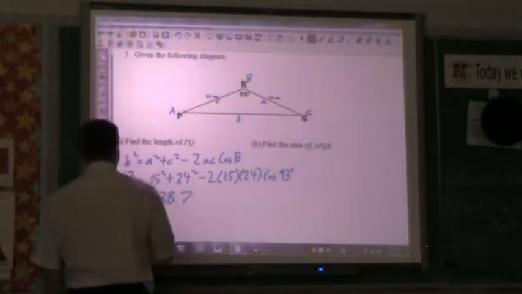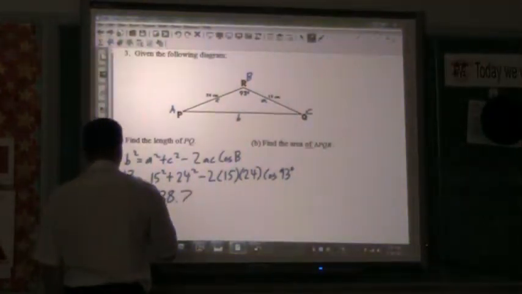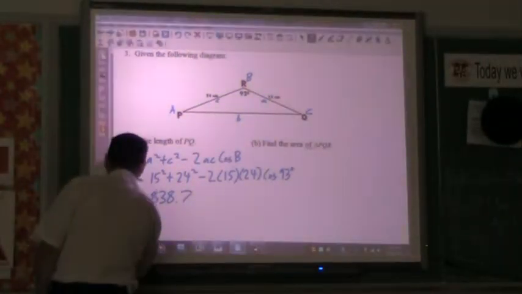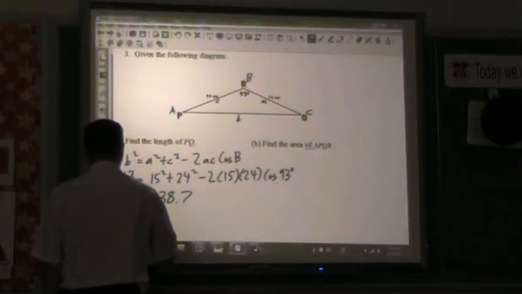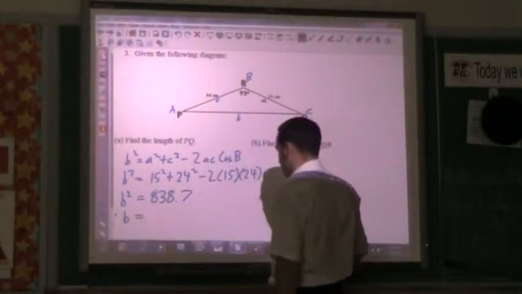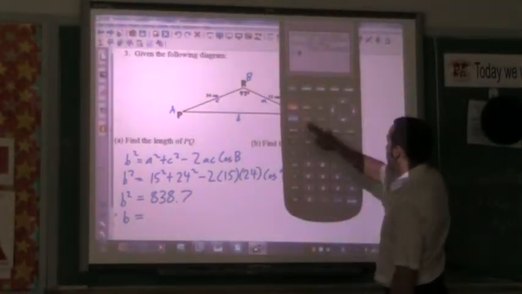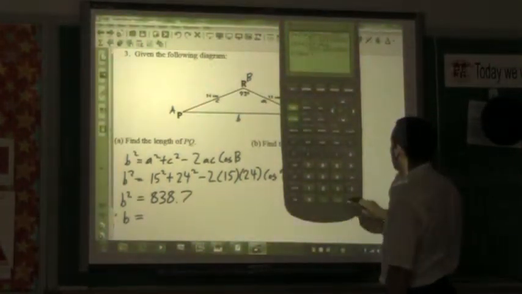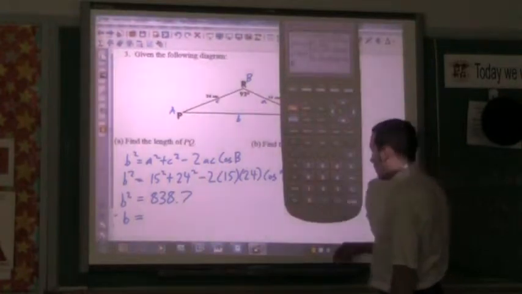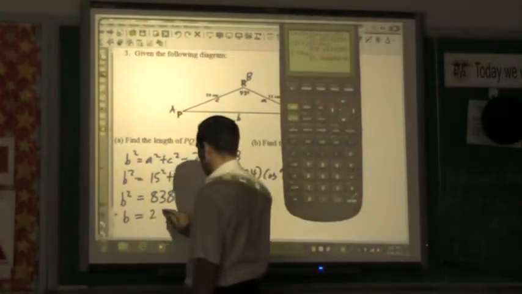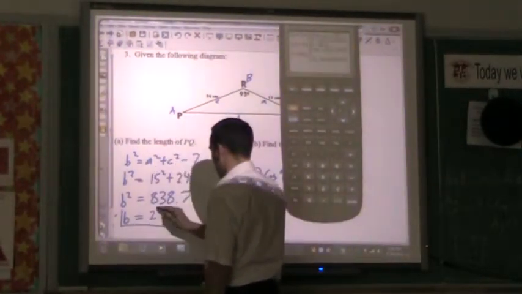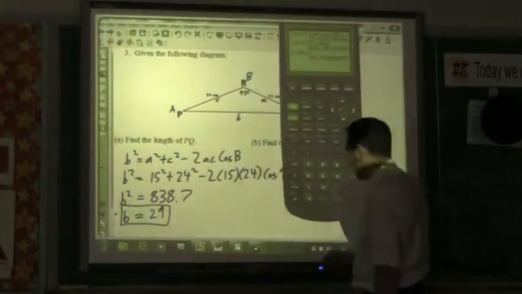So I don't want what B squared is, I want what just B is. I want to take the square root of that, and so I take the square root of my answer, and I get 29. So there's the length for B.